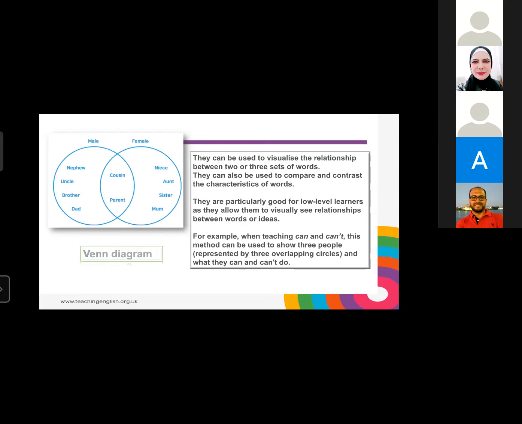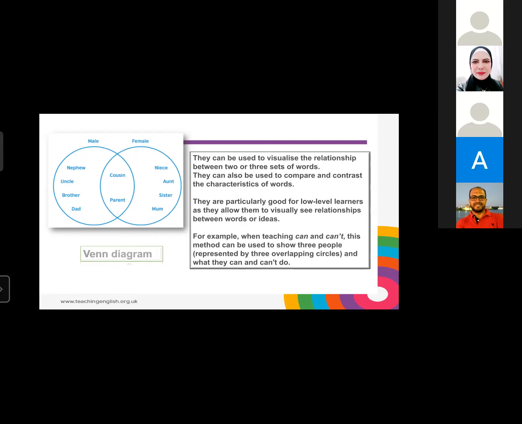And as we talked in the example of the Pictionary, it's one idea to use a Pictionary with young learners. And we have talked about different ideas we can apply. Mr. Ahmed talked about the idea of sticking the pictures on the board and asking the learners to take a word card and try to stick it under the picture.